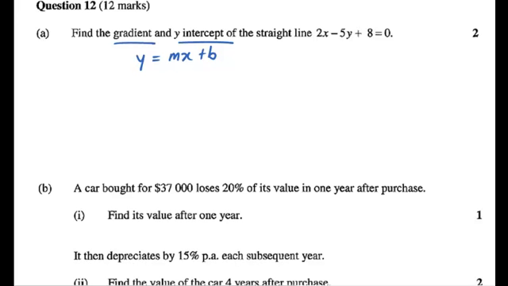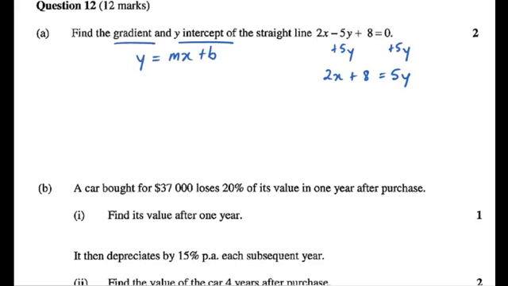So let's have a look at this equation. I think if the term with a y is negative, the easiest thing to do is to put that onto the right-hand side, because then you're just doing one step. So I would plus 5y to both sides here. So 2x plus 8 equals 5y.